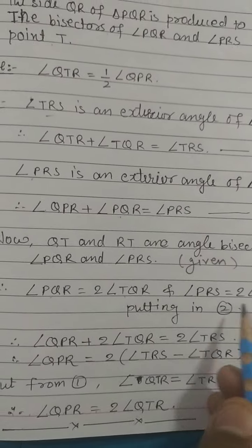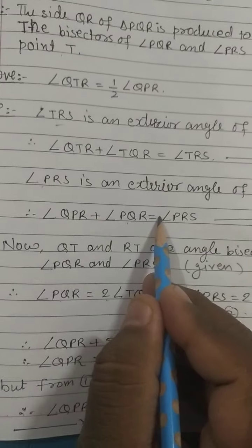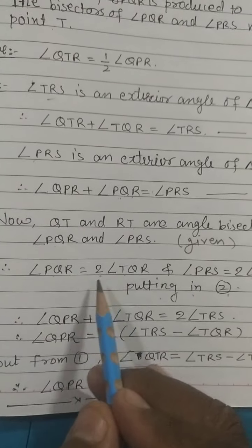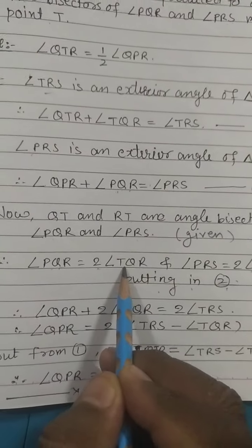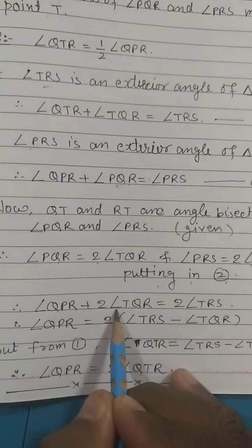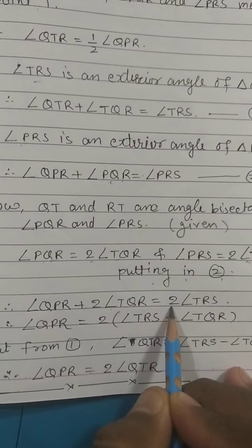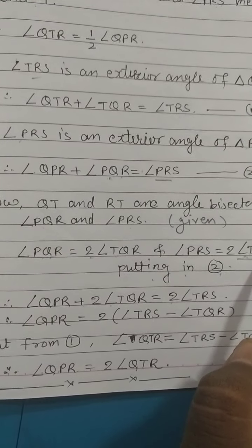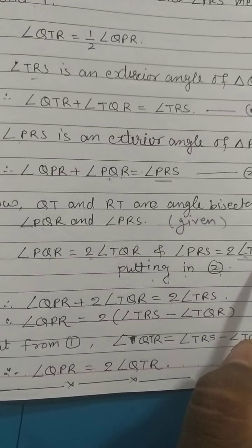Check here. Put these values in result number 2. So what we will have, see, in place of PQR we have to put 2 times TQR, that is QPR plus 2 times angle TQR is equal to, in place of PRS we have to put 2 times angle TRS, right?